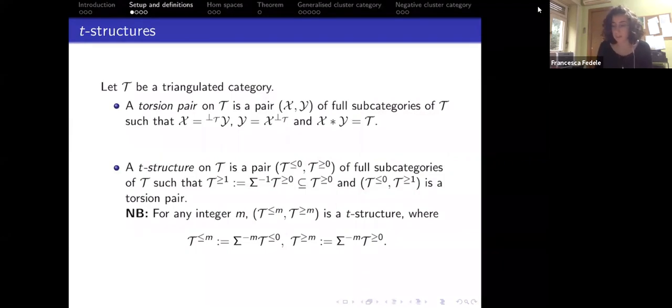I think some people use a different notation for a t-structure, but that's the one I'll be sticking to. And then an important fact is also that any shift of a t-structure is also a t-structure. So basically, if we define T less than or equal to m to be sigma to the minus m of T less than or equal to 0, and similarly for the other half, then we still have that this is a t-structure if this was a t-structure.